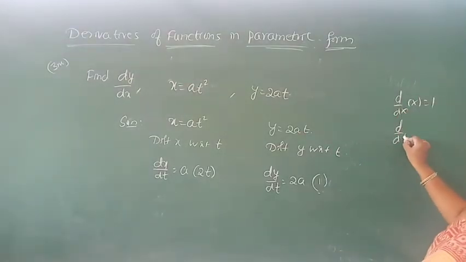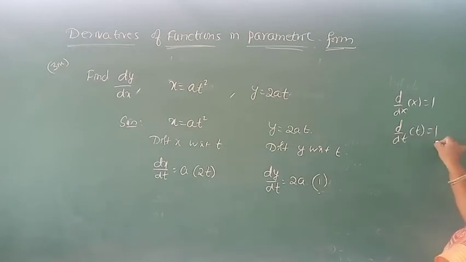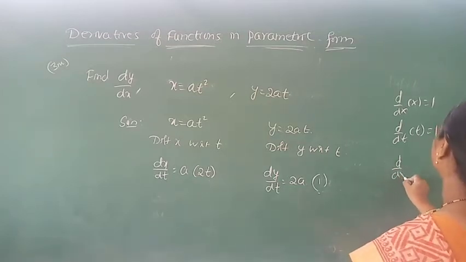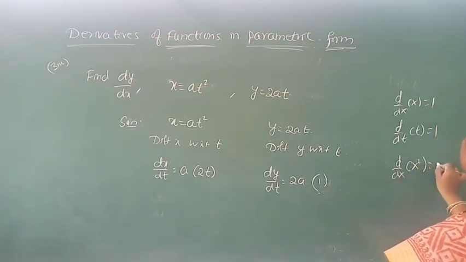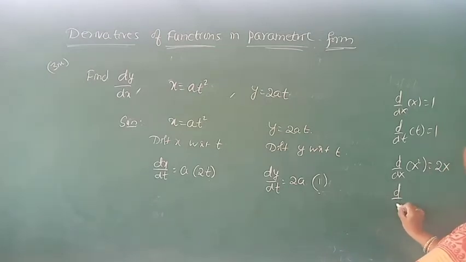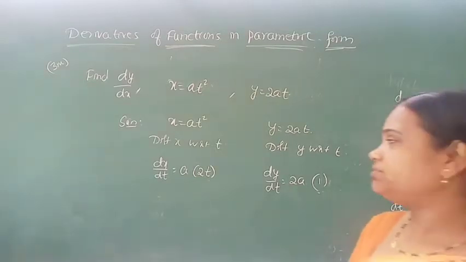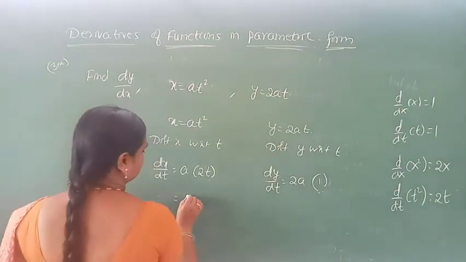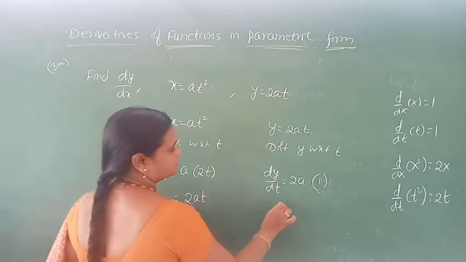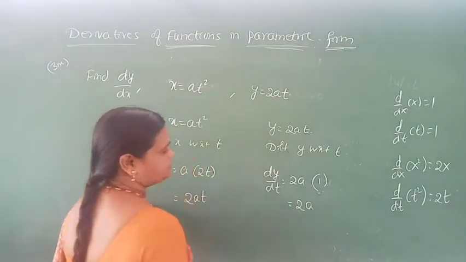Similarly, d by dt of t, what you get? 1. Instead of x, here t is the variable. Similarly, we know that d by dx of x square is 2x. Instead of x, we are given t. Please remember this. Next, we get 2a and this is 2t.